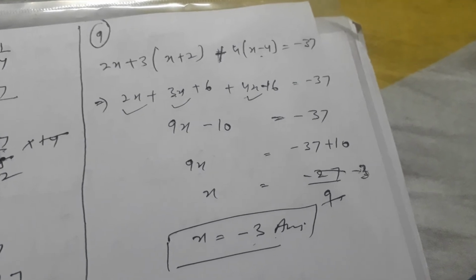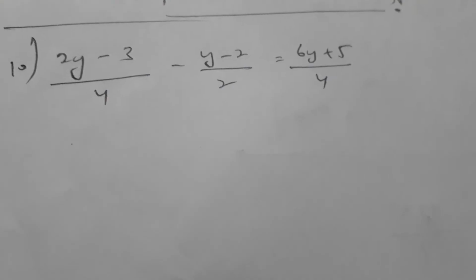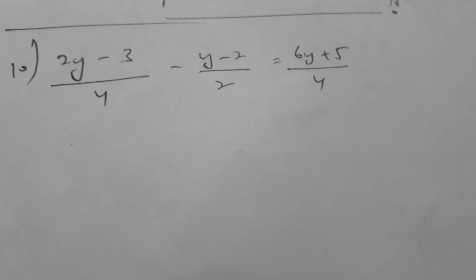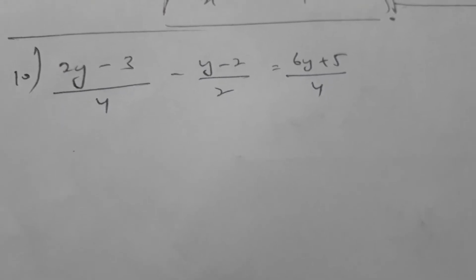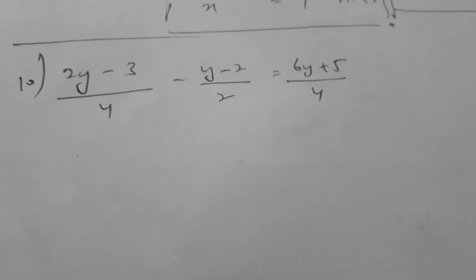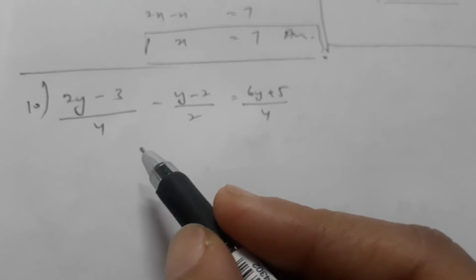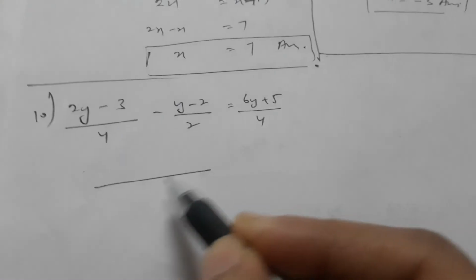Now come to the 10th question. So the 10th part is (2y minus 3) by 4 minus (y minus 2) by 2 equal to (6y plus 5) by 4. So let's check out how to solve it. In here we will take LCM.